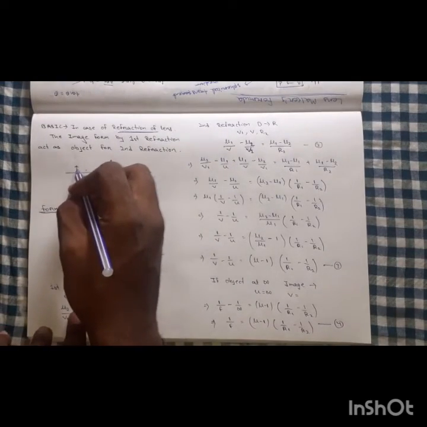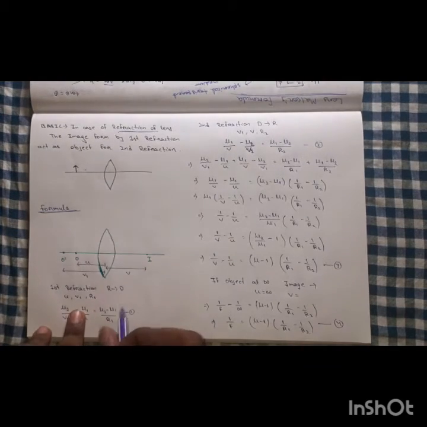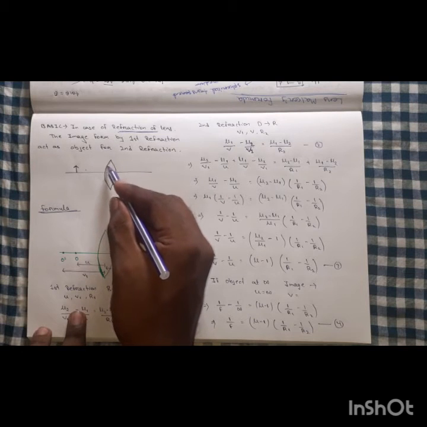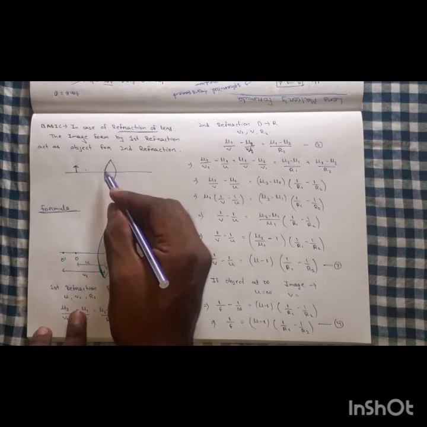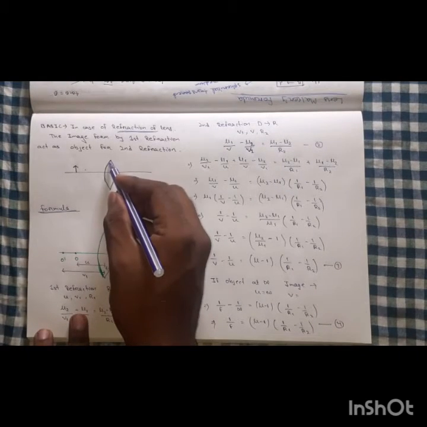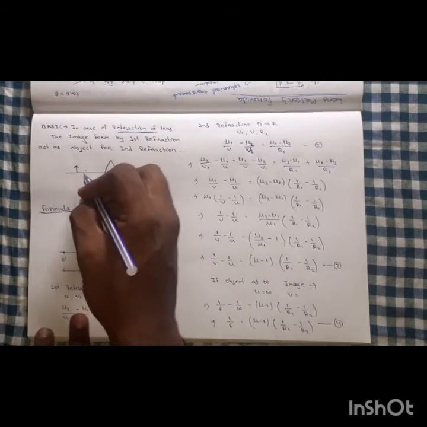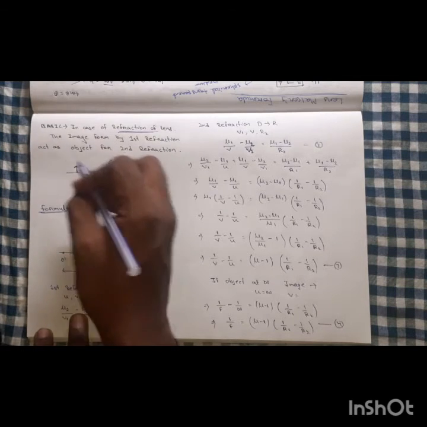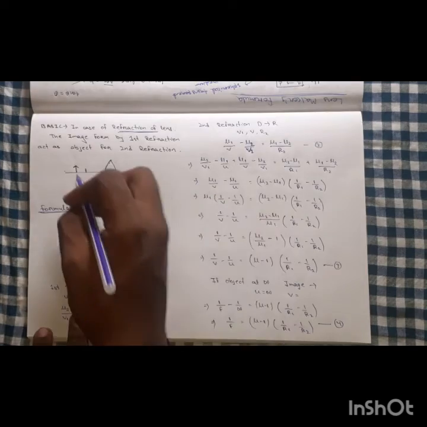Okay, listen, here is the object. Due to this surface, there is the first refraction, and due to this first refraction, an image will be formed, here or here, anywhere.